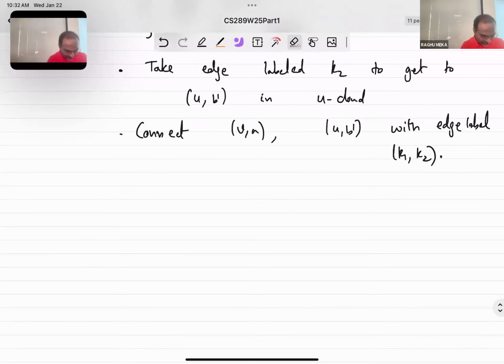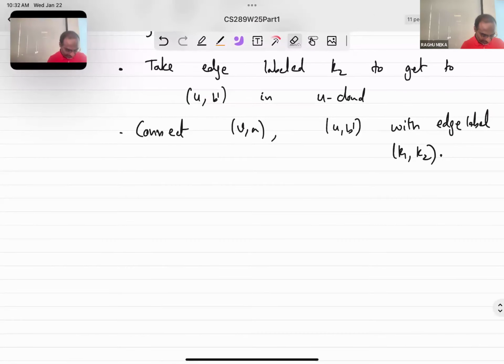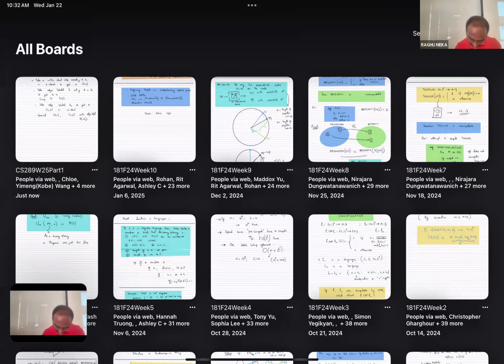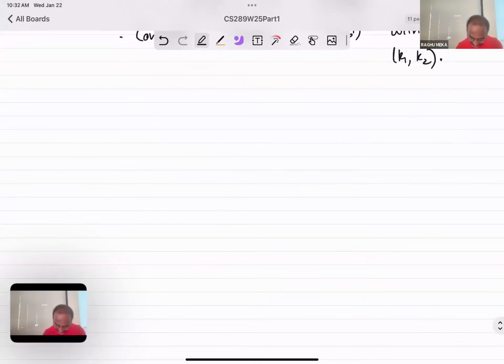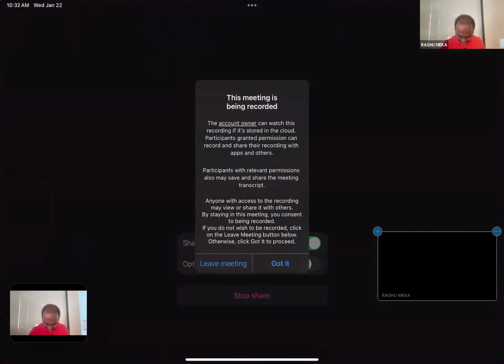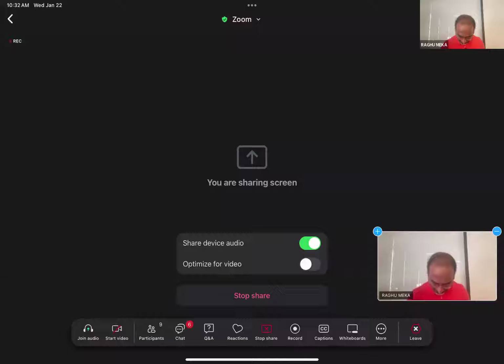All right. So, I have these pictures drawn up, but I don't know if I can copy them that easily. Give me 1 second. The software is very good, but when the board gets very big, it starts complaining and becomes very slow.